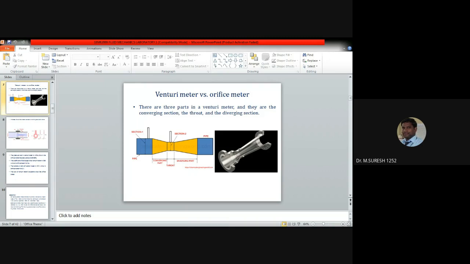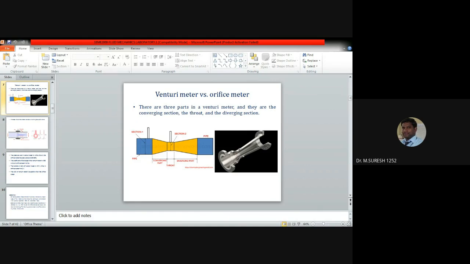This is a schematic of streamlines in an orifice meter during fluid flow: inlet and outlet, upstream flow in and downstream flow out. It creates a vena contracta. This depends on the equations already mentioned, the continuity equation and Bernoulli's equation.